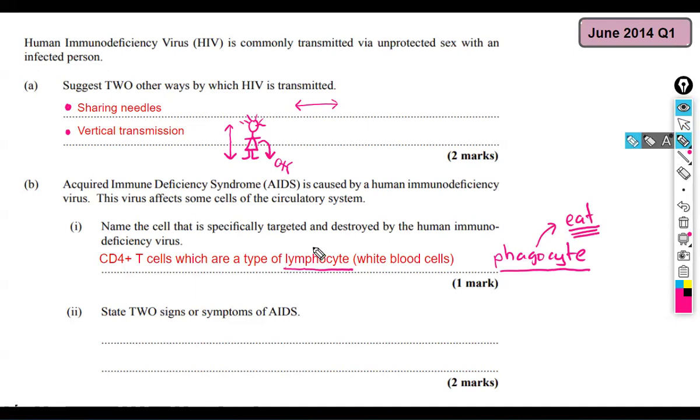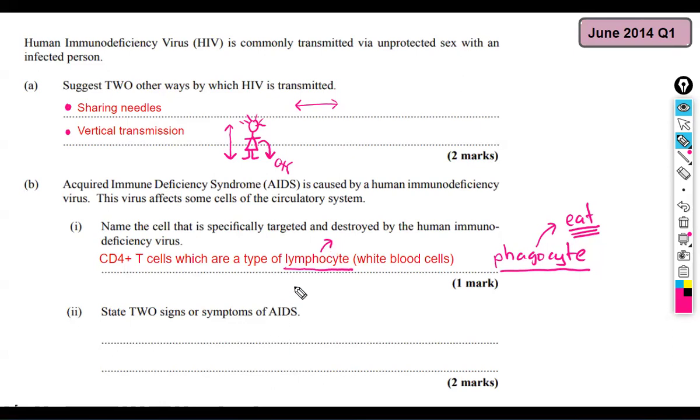The lymphocytes are a little bit more sophisticated. The lymphocyte goes up to the virus and investigates the virus and learns about the virus. He's sophisticated. And when he learns enough about the virus, he will develop something called antibodies and send the antibodies to destroy the pathogen.